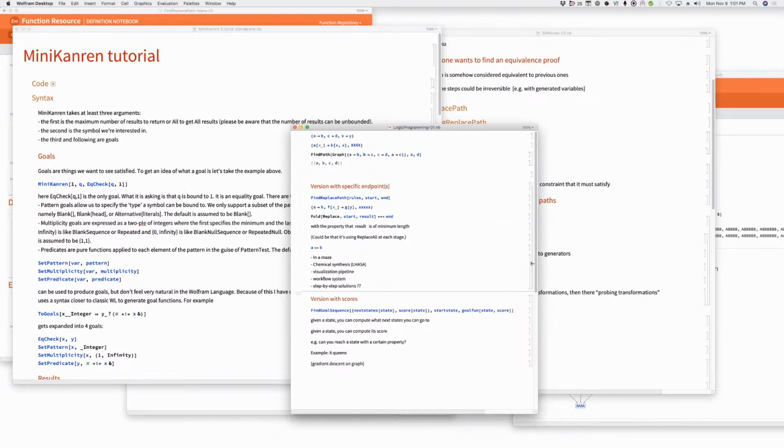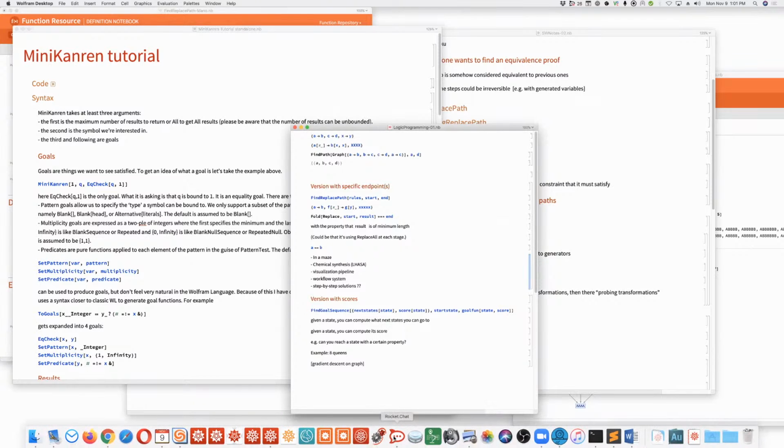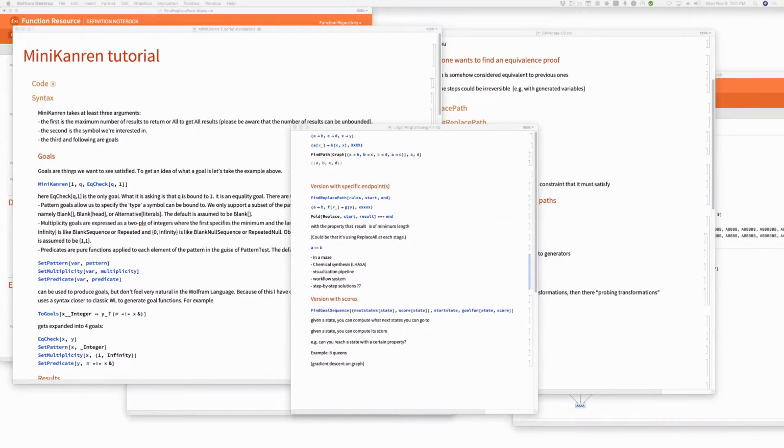So these are examples that we had from before. Hold on, I just have to organize my notes.